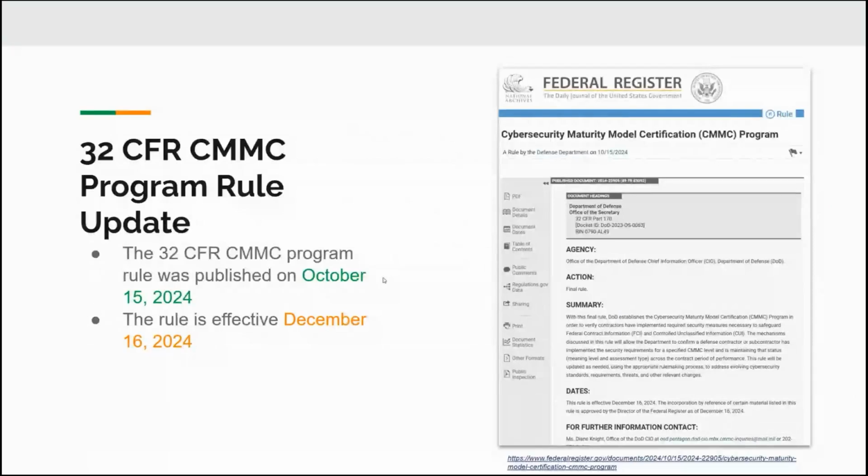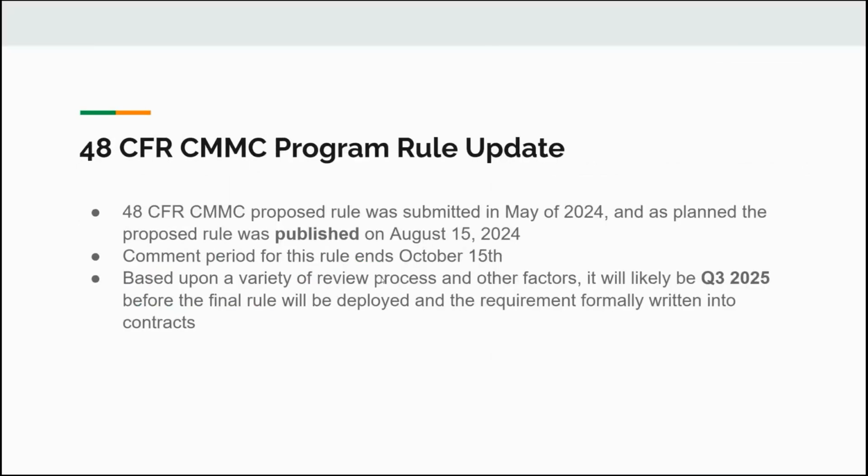The next step is going to be, of course, writing it into contracts, or rather, having the legal authority to write it into contracts. So that's going to be born of the 48 CFR, the Title 48. The proposed rule for this was published on August 15th.